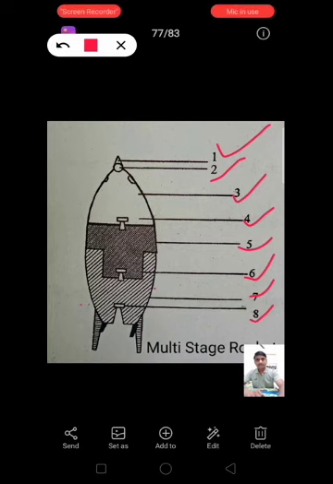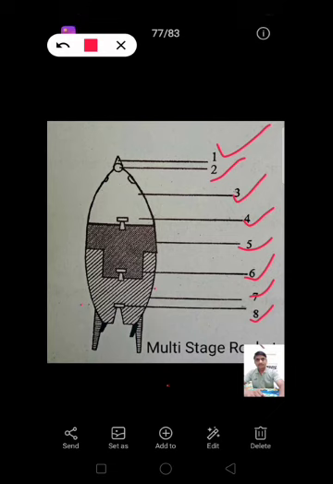Now I am coming to explain that the relative velocity of gases exhausted depends upon temperature, pressure and cross-sectional area of the nozzle of the rocket.